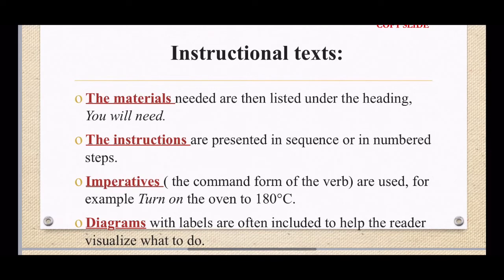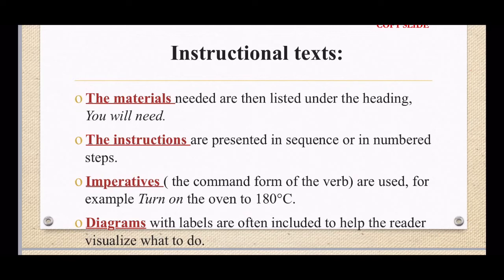Then we have imperatives. This is the command form of the verb, for example, turn on the oven to 180 degrees. They usually give a command, and we've also learned about that in our previous lessons.